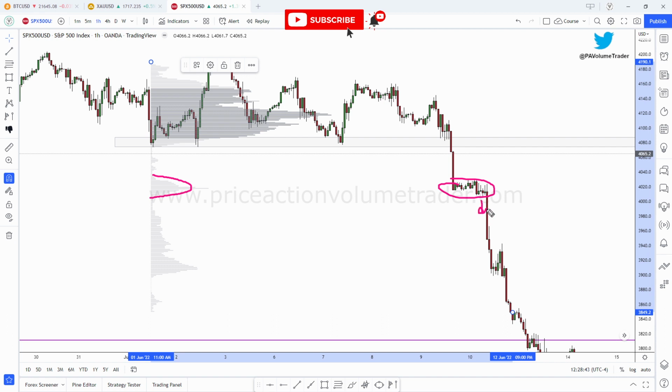And once you have the breakdown, then you want to put your stops behind the high volume nodes that are forming as markets continue their trend. Same thing here, we have this high volume node here, so then you would move it just beyond here on a confirmed breakdown, etc.